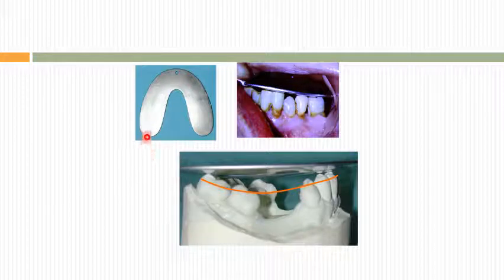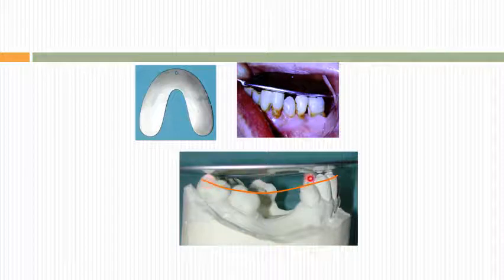As you see here, this is the picture of the U-shaped metal used by Yarkastas technique, and it is adapted to the occlusal surfaces of the lower teeth of the patient. You see here that this natural tooth is not in contact with the metal framework, or this lower cast.